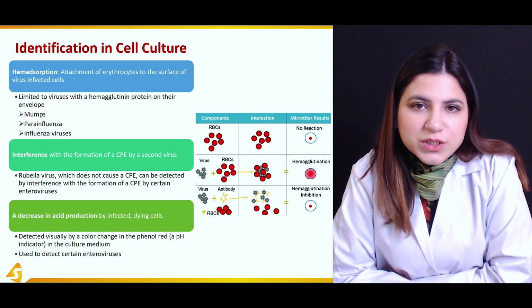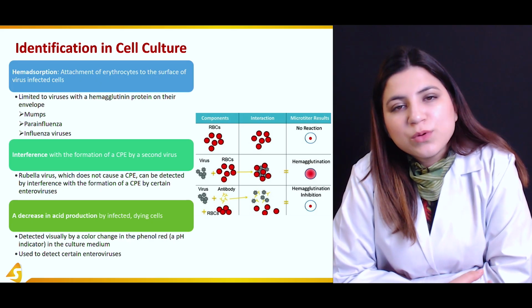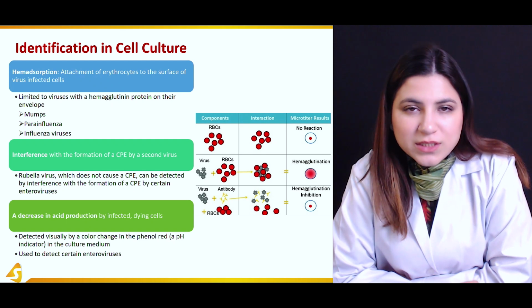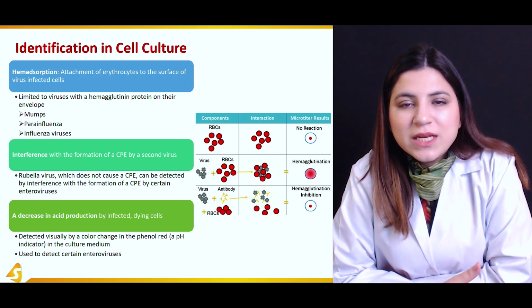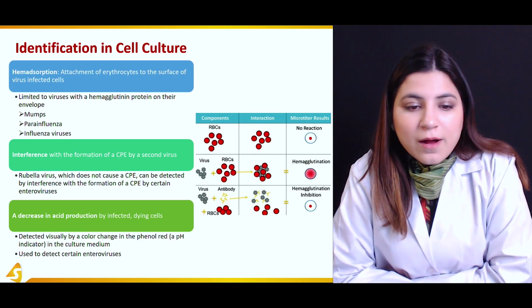So if there is presence of viral infected cells, the erythrocytes will attach to those particular cells, and we can easily identify those cells and easily visualize the change.